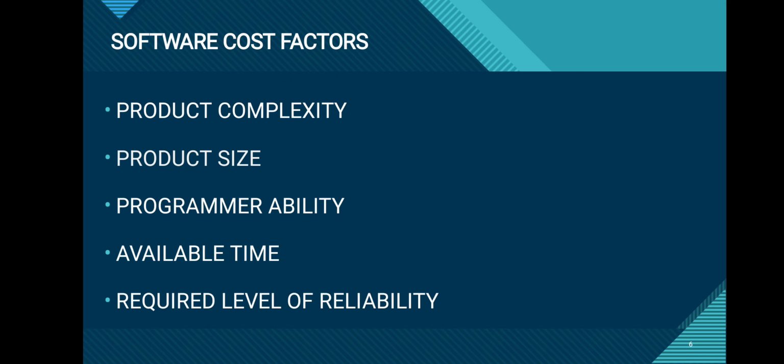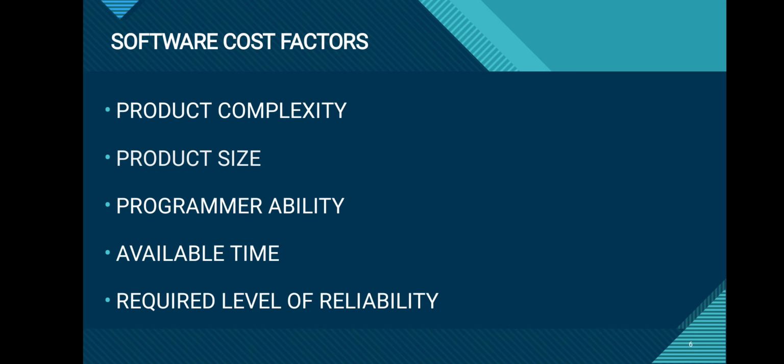The first factor is product complexity. Its effect on software cost is studied by dividing the software product into three general categories: application, utility and system level. System level software is considered complex enough to build, so it is very complex to build the project.